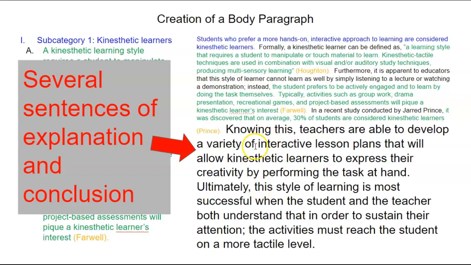That's going to be, again, your own writing where you're explaining the facts and concluding that paragraph. We're not going to just repeat the information, but you are going to explain in your own words what facts you've presented in that paragraph and conclude it so you're ready to move on to the next topic. You should have a couple of sentences of explanation and conclusion in every paragraph.